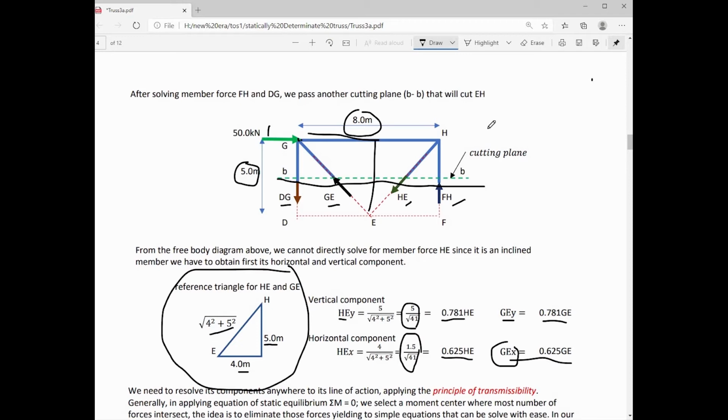But HE is an inclined member force, so therefore we have to resolve HE anywhere along its line of action by applying the principle of transmissibility.